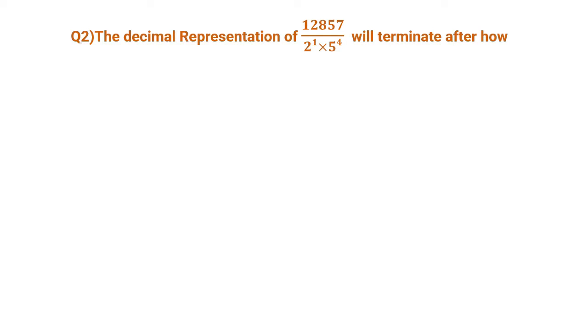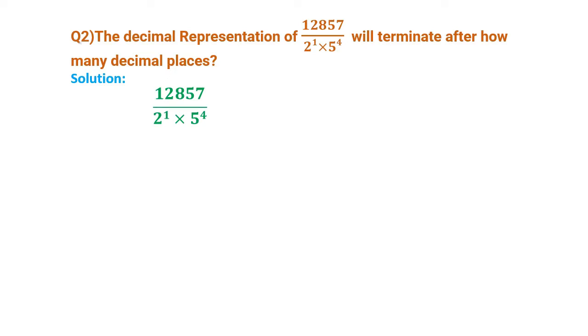Question number 2. The decimal representation of 12,857 divided by 2 raised to 1 into 5 raised to 4 will terminate after how many decimal places? Solution. First take the given number, 12,857 divided by 2 raised to 1 into 5 raised to 4.